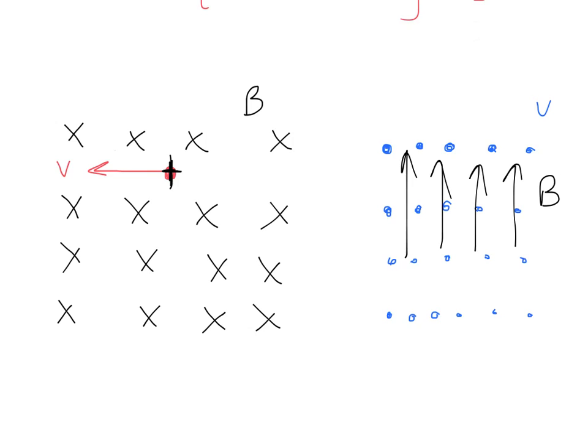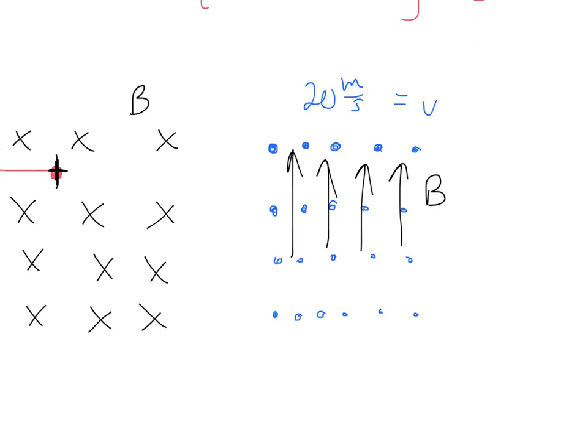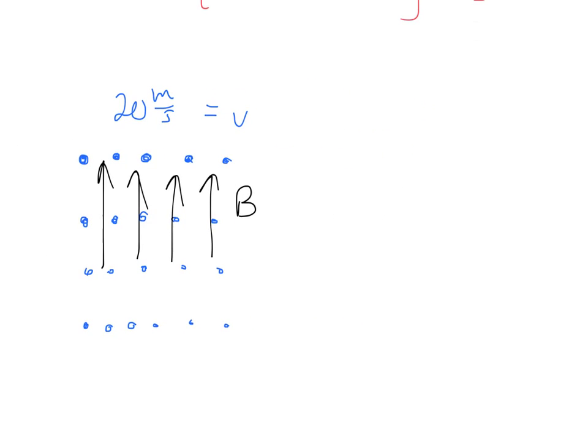So let's look at the right example. Let's say the velocity of the particle is 20 meters per second. The field strength is 3 Tesla, and the particle has a charge of negative.